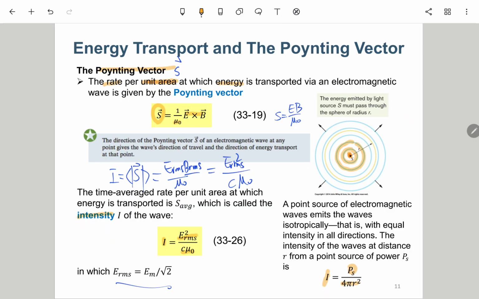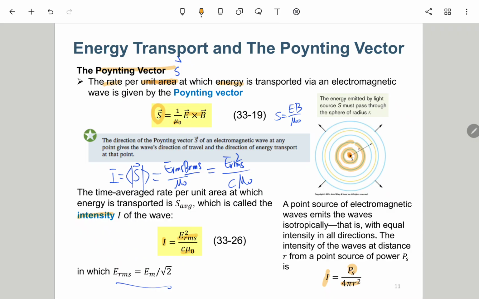At the very beginning all the power is concentrated at the center, and then at different moments it spreads out as a sphere. So all this power is spread through the whole sphere, divided by the surface area, which is 4 pi r squared. So I equals P S over 4 pi r squared, and also I equals E RMS squared over c mu naught.